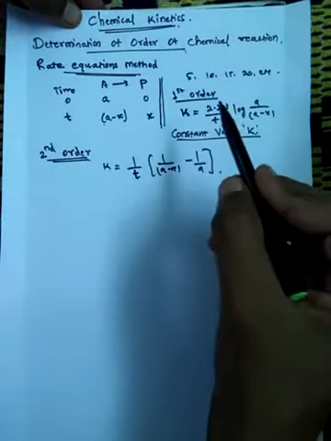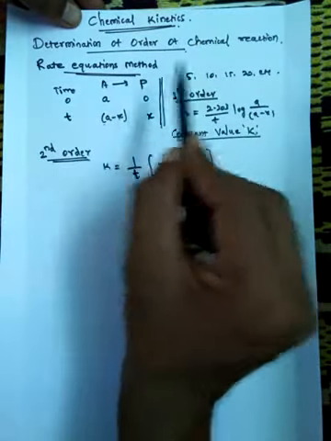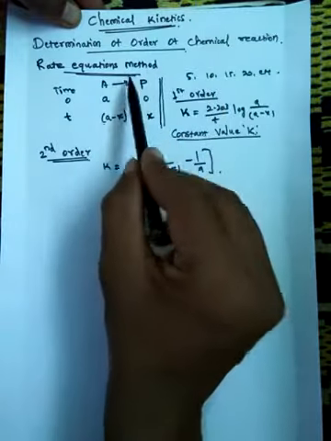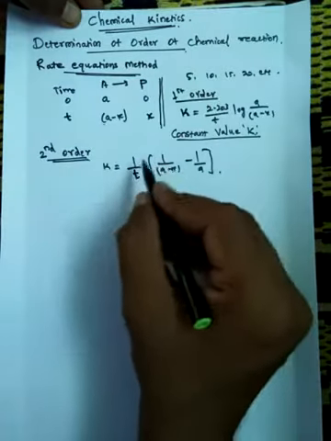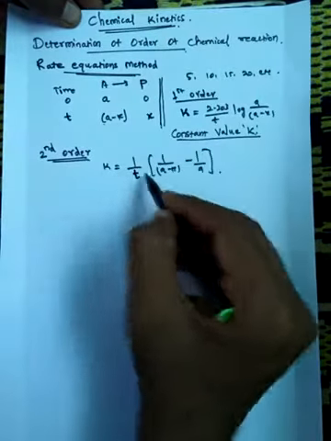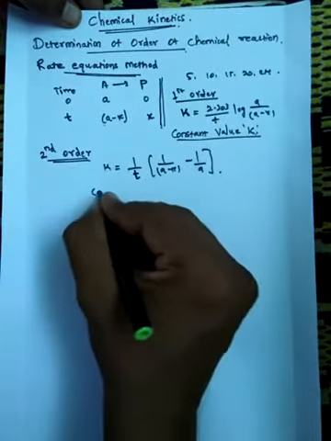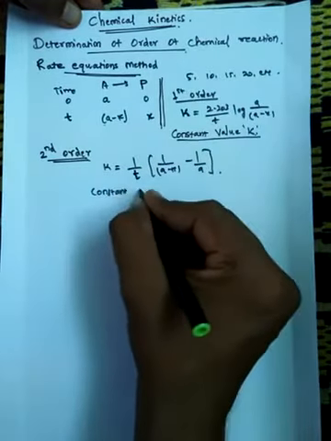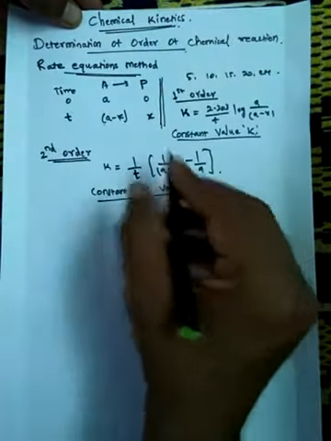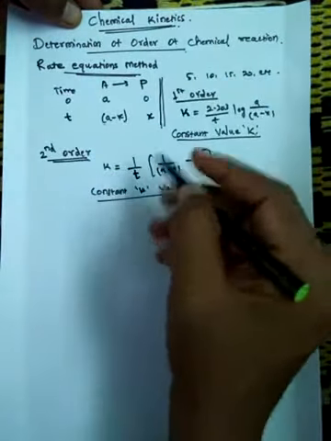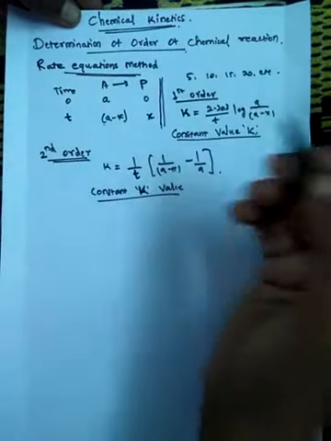If I substitute the a minus x value, which I already found for the given reaction, and the initial concentration and time, for various time, if I get again a constant k value, then I'll conclude the reaction is second order reaction. If I don't get a constant k value, the reaction is not second order reaction.